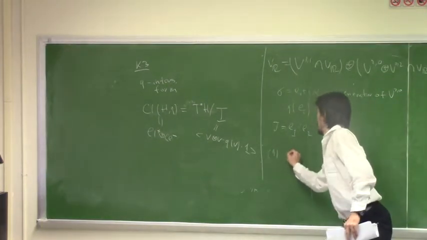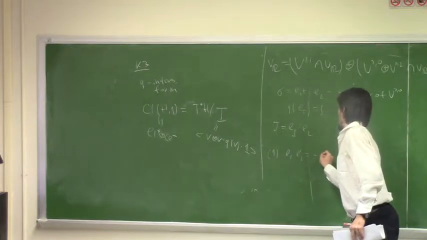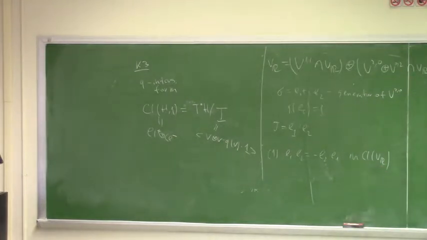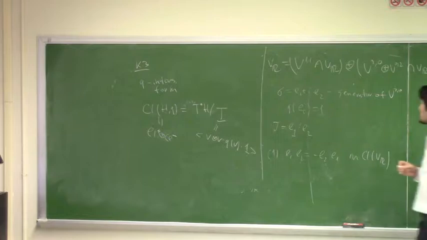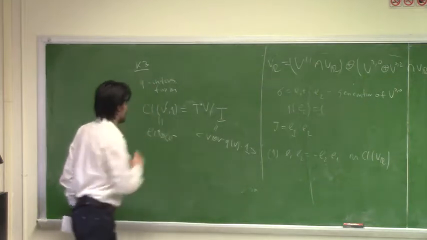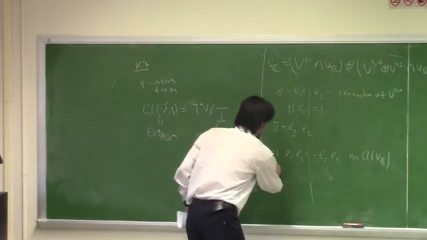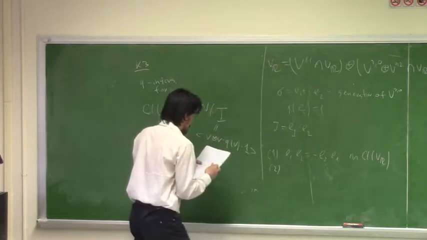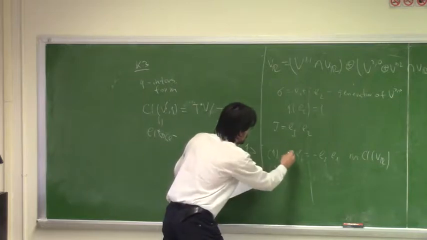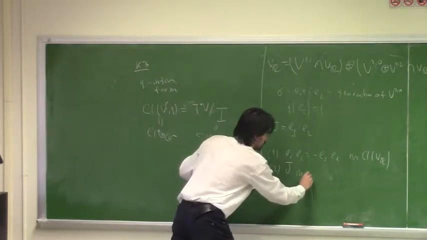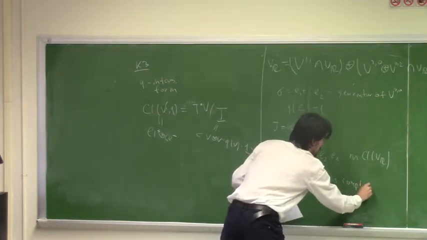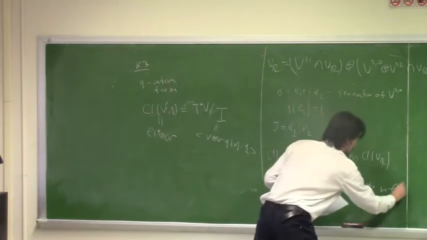First, e1 times e2 is equal to minus e2 times e1 in the Clifford algebra of V_R. Second, J, the element e1 times e2, induces a complex structure on the Clifford algebra.